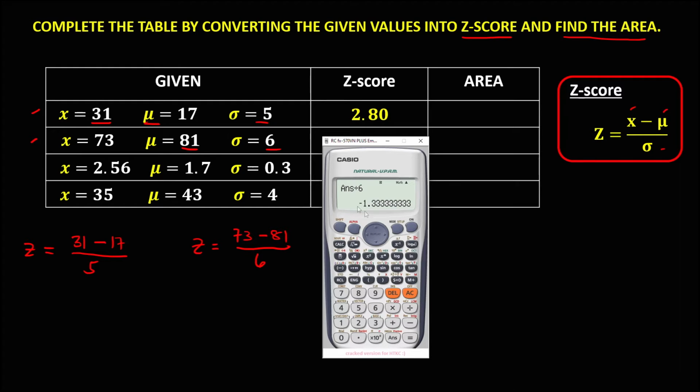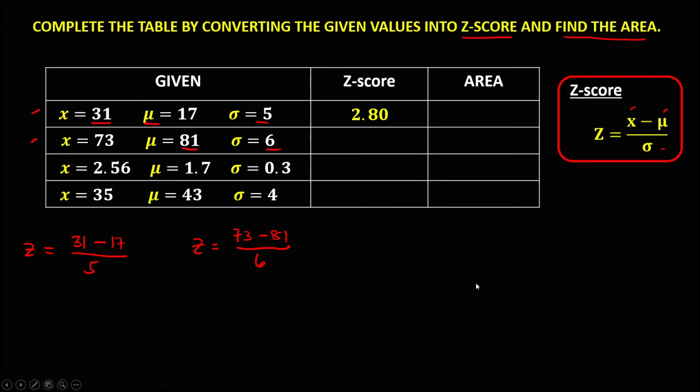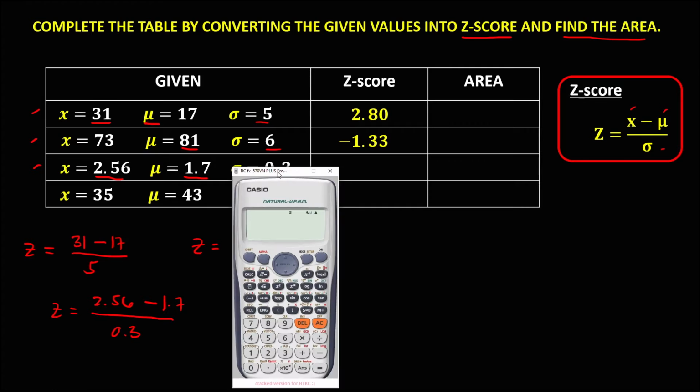So we have 73 minus 81 equals, then divide by 6. So the z-score is negative 1.33. Then for this given, to convert to z-score, the x value is 2.56, then minus the mean, that's 1.7, then divide by the standard deviation, that's 0.3.